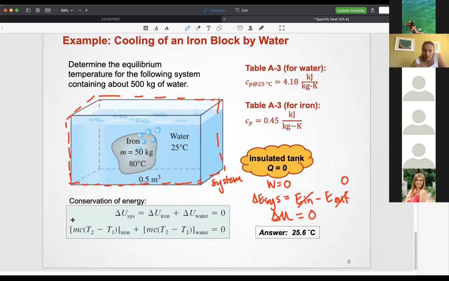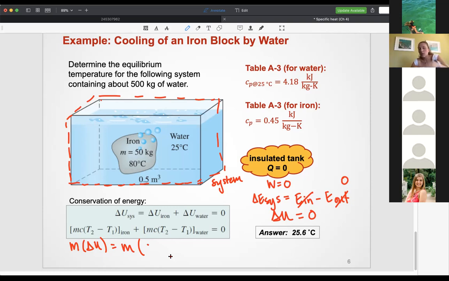So here we're going to make this into m times our change in specific internal energy, which is what gets us to this equation of our mass times our, this is a liquid and a solid, so it doesn't matter what sort of specific heat we have anymore, specific heat at a constant volume, specific heat at a constant pressure.